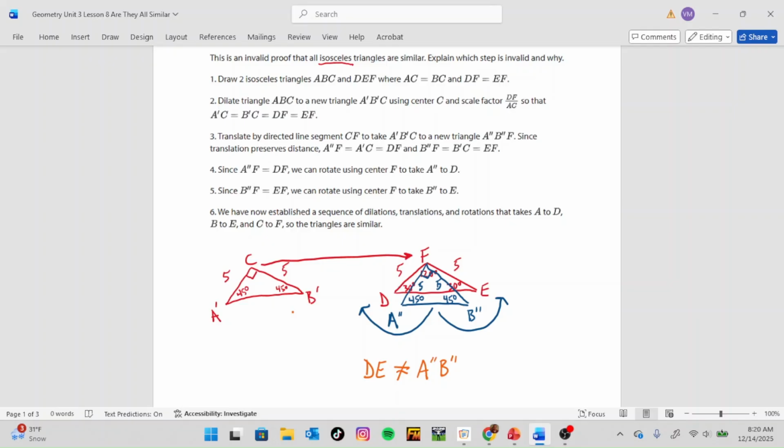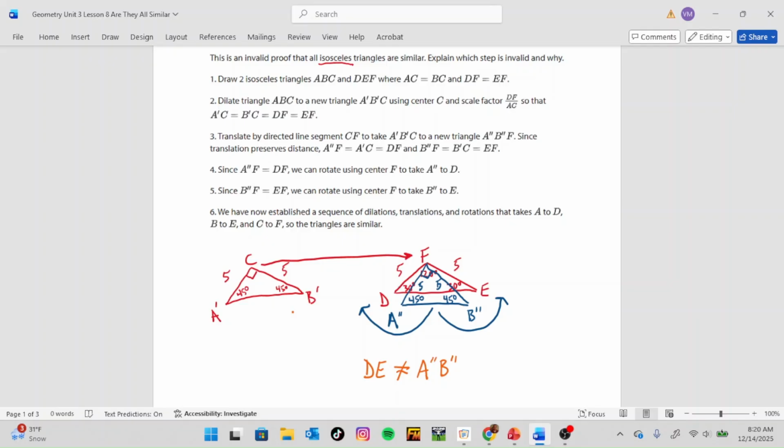So what we end up doing is we rock that blue triangle over to the left so that it lines up, but now our right side doesn't line up. And then in step 5, we rock it back over the other direction so that our right side lines up, but our left side doesn't anymore.